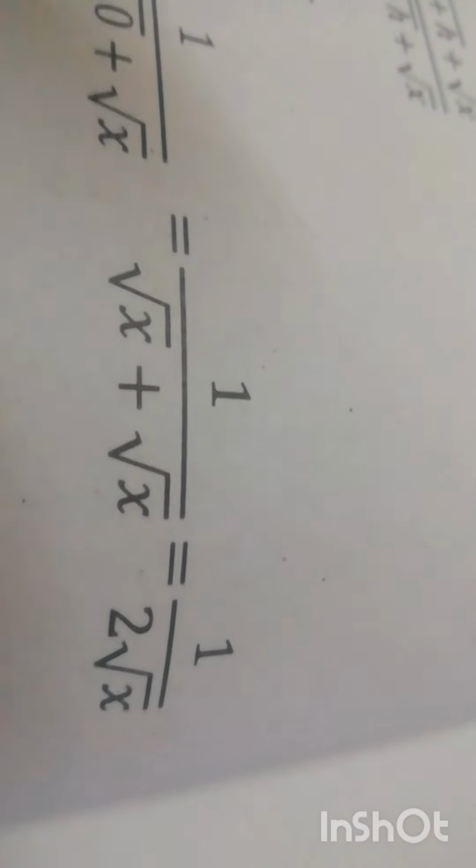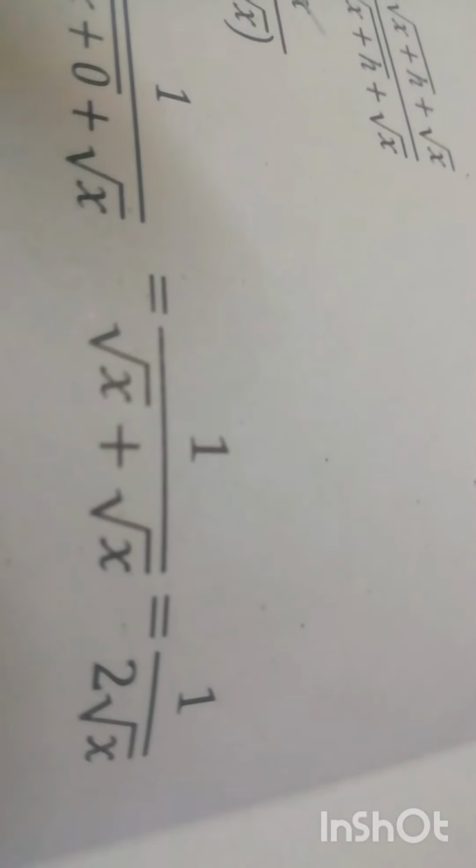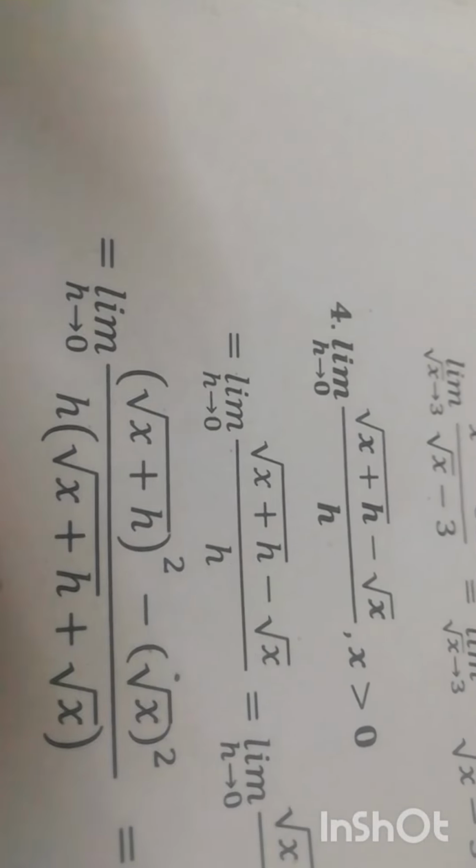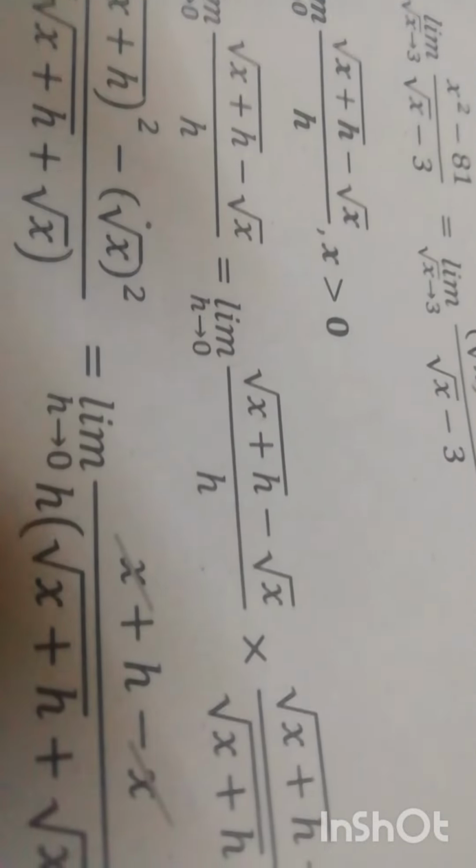Now we can substitute h equal to 0, so we get root x plus root x, so 1 by 2 root x. See, step by step: minus is there, take the conjugate. After simplification, we get this form. Then the limit is h tends to 0 only, no? So you can put h equal to 0 and you get this answer. Okay.